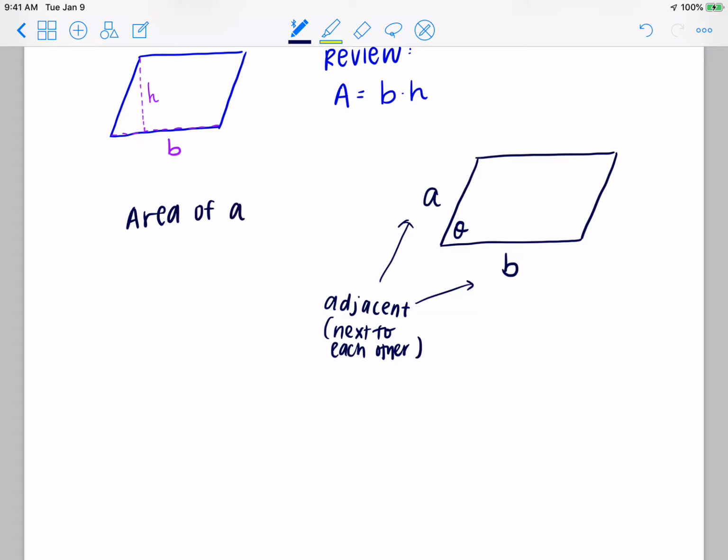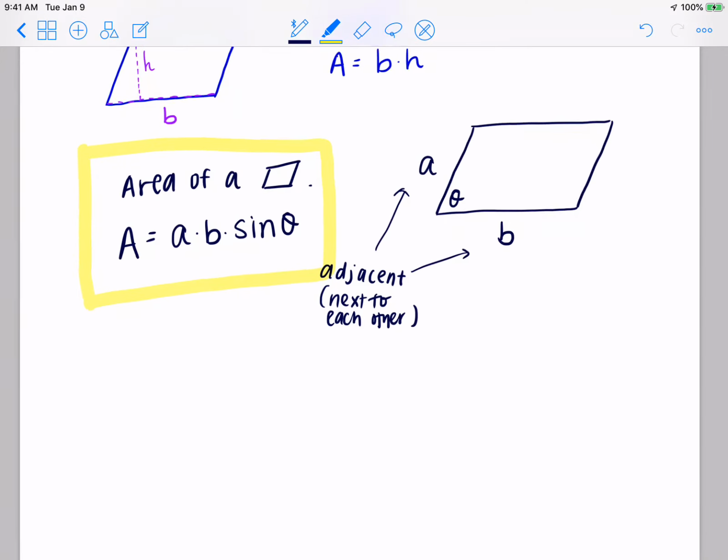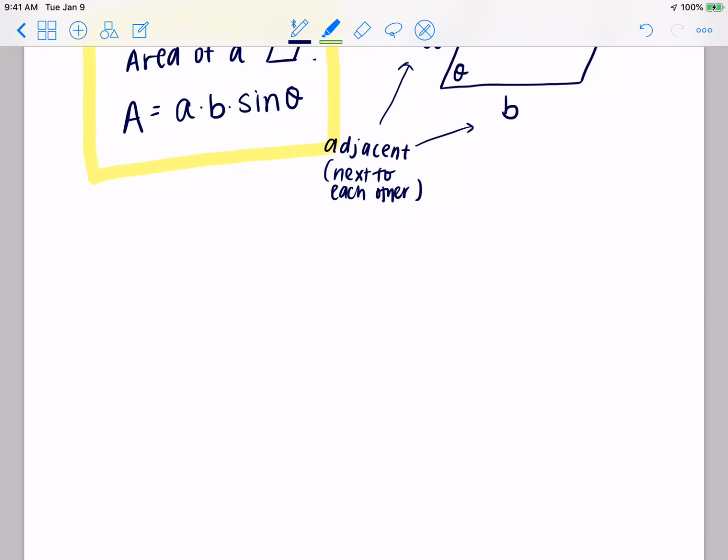Area of a parallelogram, I'm gonna just show the picture, is A equals little a times little b times sine theta. So this is the formula. Let's go ahead and do one question and two of your homework questions.